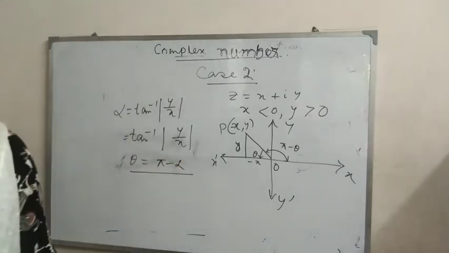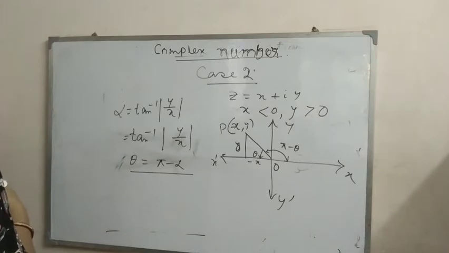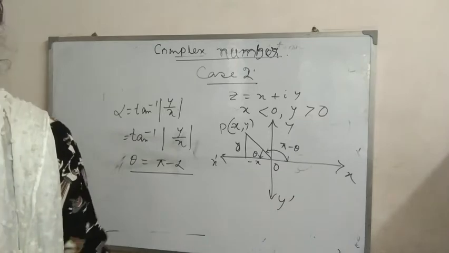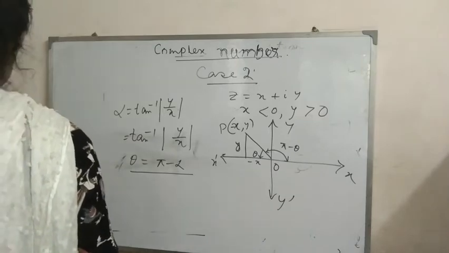Here theta equal to pi minus alpha. This is the amplitude of z. Pi minus alpha is the amplitude of z. With an example I will explain it.